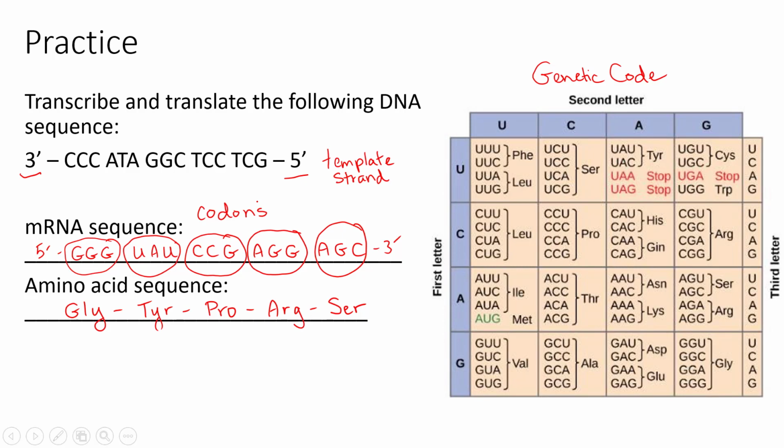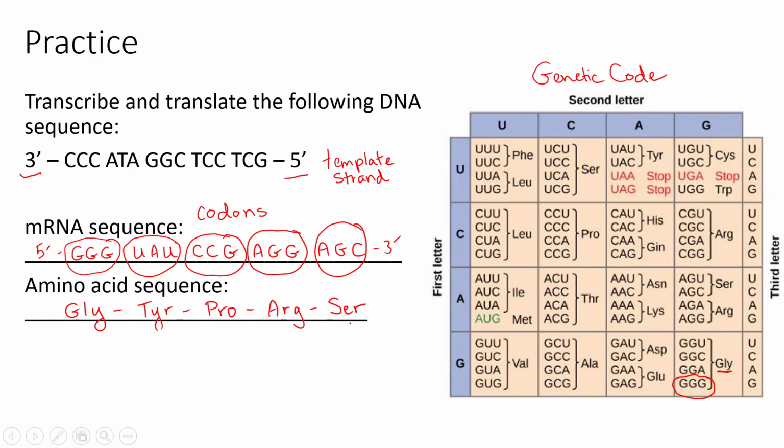So the first one we look for is GGG, glycine. That's why I've written in GLY, which is the 3-letter abbreviation for the amino acid called glycine. So you follow that through looking for each codon, each of the 5, and plugging in from that the corresponding amino acid.